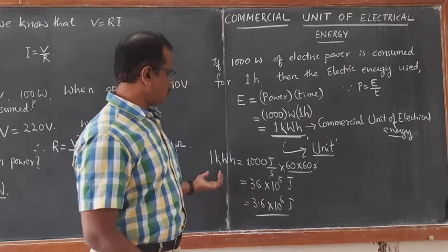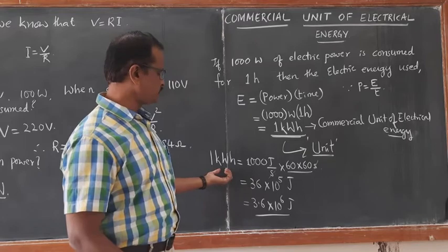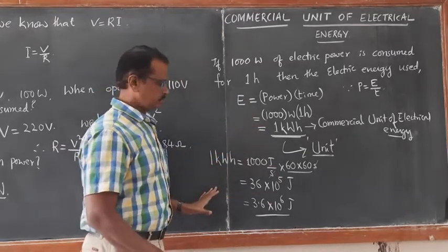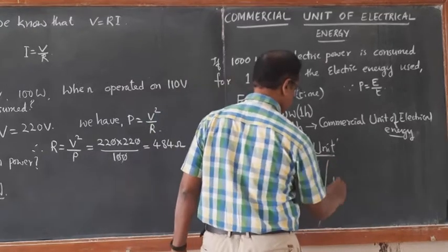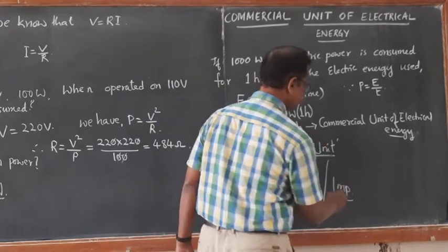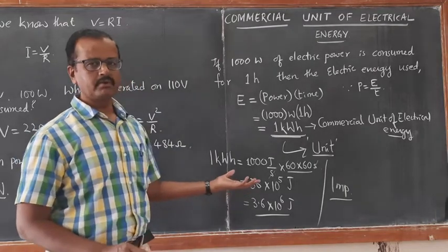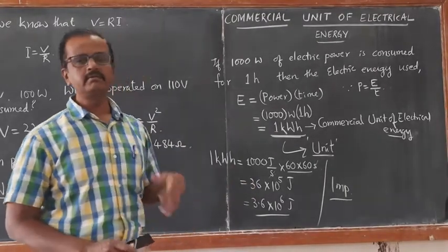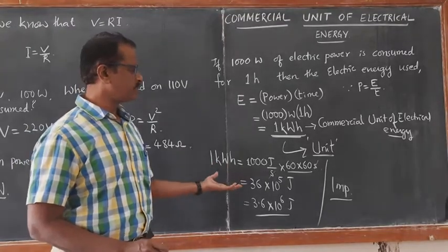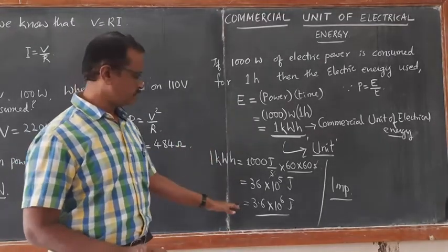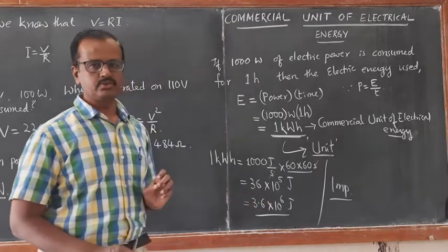So this is how one can convert kilowatt hour into joules. This is a very important conversion. This is frequently asked in the examination. Even in the previous board examination, this question was asked, and there was a numerical problem based on this. You must remember this, practice this. It will be 3.6 into 10 raised to 6 joule.